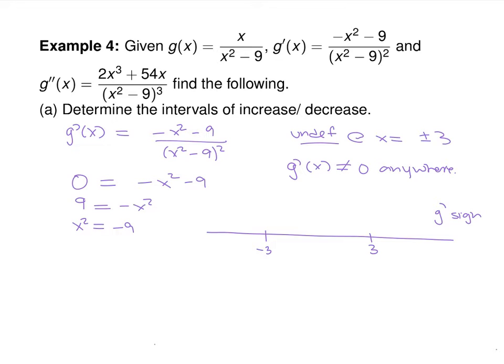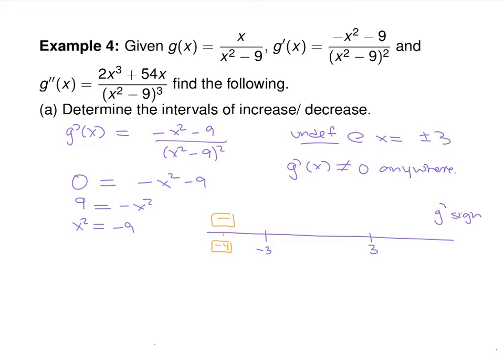So how about testing something like, I don't know, -4? I think it's negative. Because you plug the -4 in the numerator and you get -25. And in the denominator you get 16 minus 9 squared. So I think that's negative. Does that make sense?